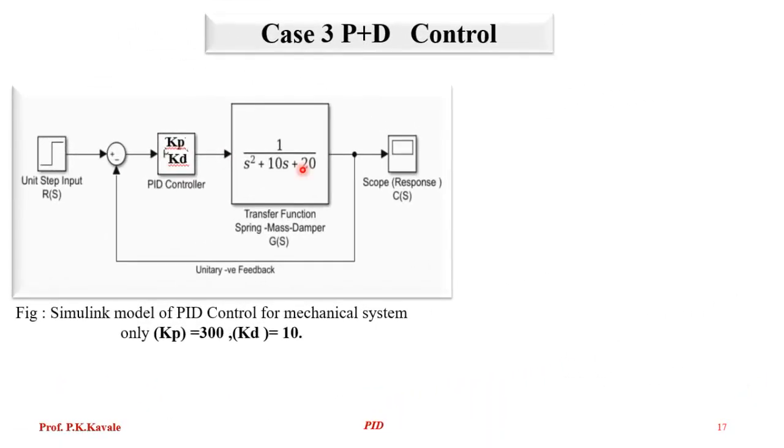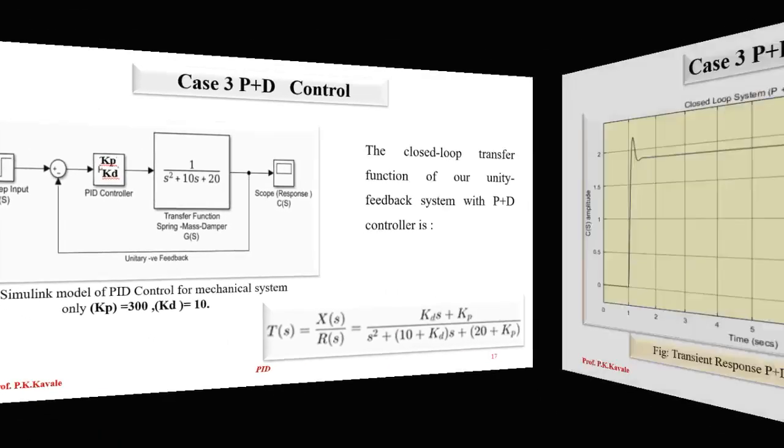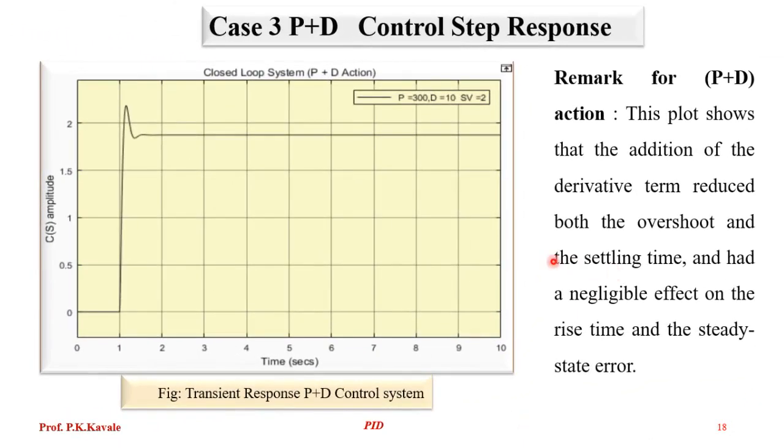Now for further refinement, we introduce derivative control also. We put the derivative gain at 10. Again, if you reduce the block diagram, you get the open loop transfer function. When you run this, look at the output response.